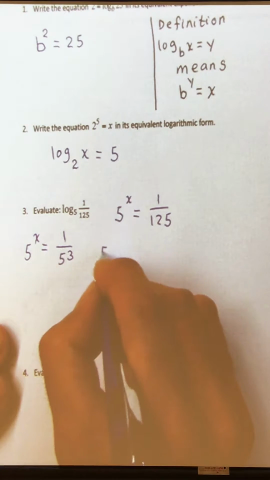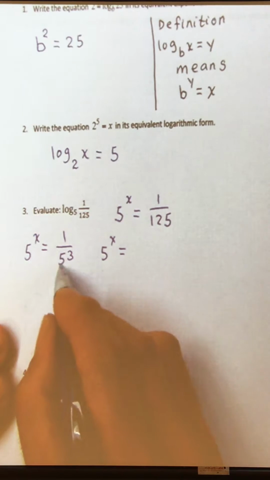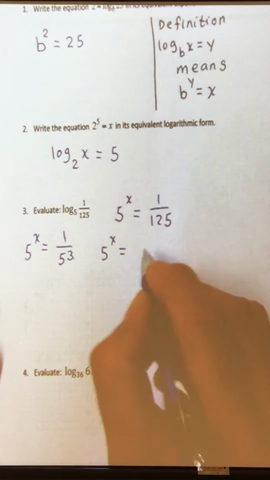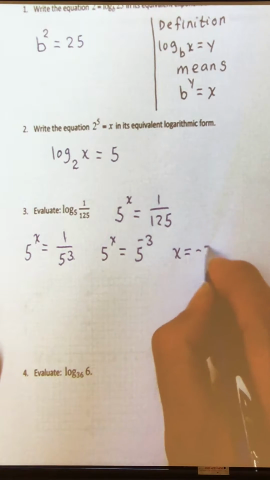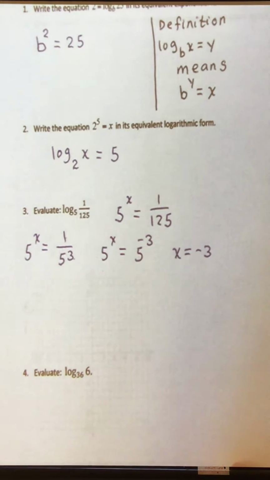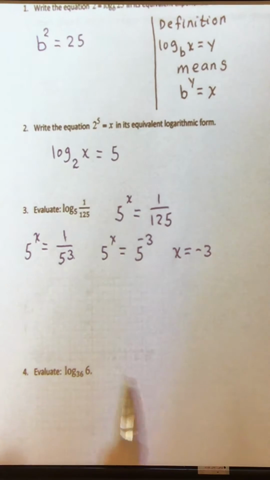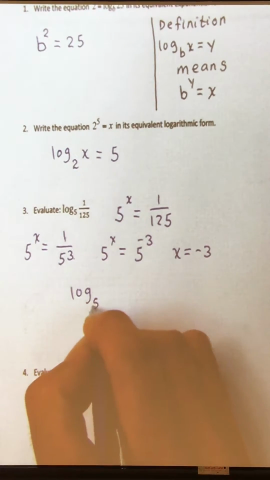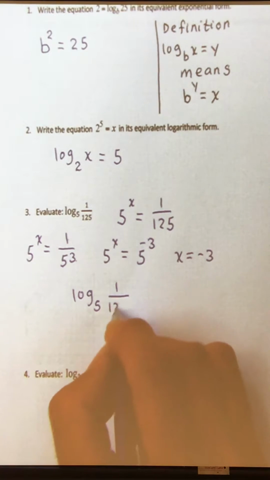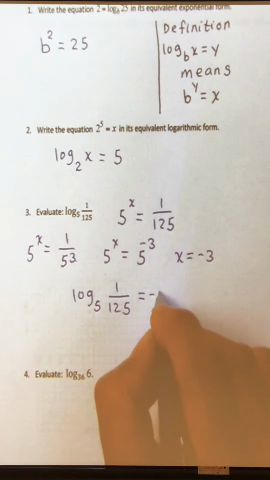And using rules of exponents, we can bring the 5 to the 3rd up to the numerator and make that 5 to the negative 3. And in that way, x must be equal to negative 3. So 5 to the negative 3 is 1 over 125. So log base 5 of 1 over 125 is equal to negative 3.